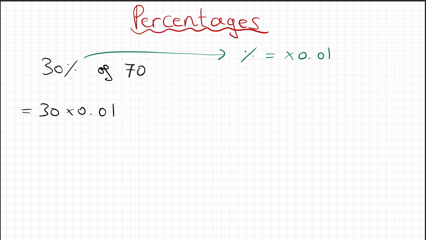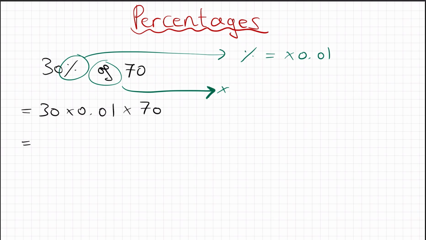And again, same kind of thing. When you see of, that literally just means multiplied by. So when you put these together, you replace percentage with times 0.01 and you replace of with multiply, then you get your calculation. And all you have to do to complete this is put it into a calculator.